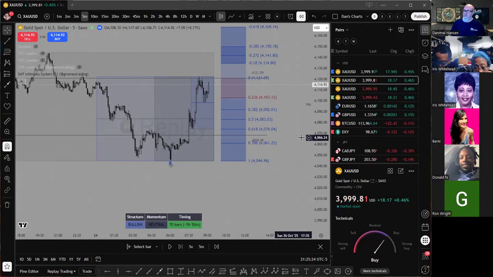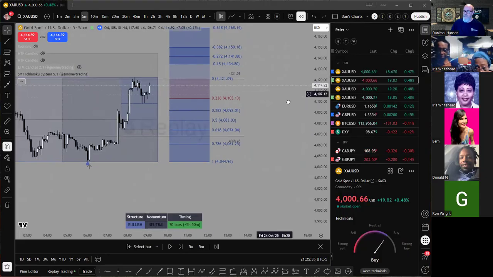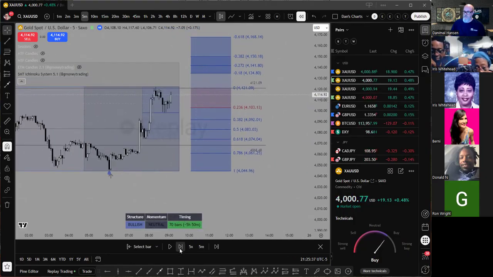Already, we kind of broke that structure. See how we just kind of stayed right in that zone? Failed to go below it and close several times. So now we're going to come back and retest that 23 line. Bada bing, bada boom, bang. There we go. Off to the races we go.